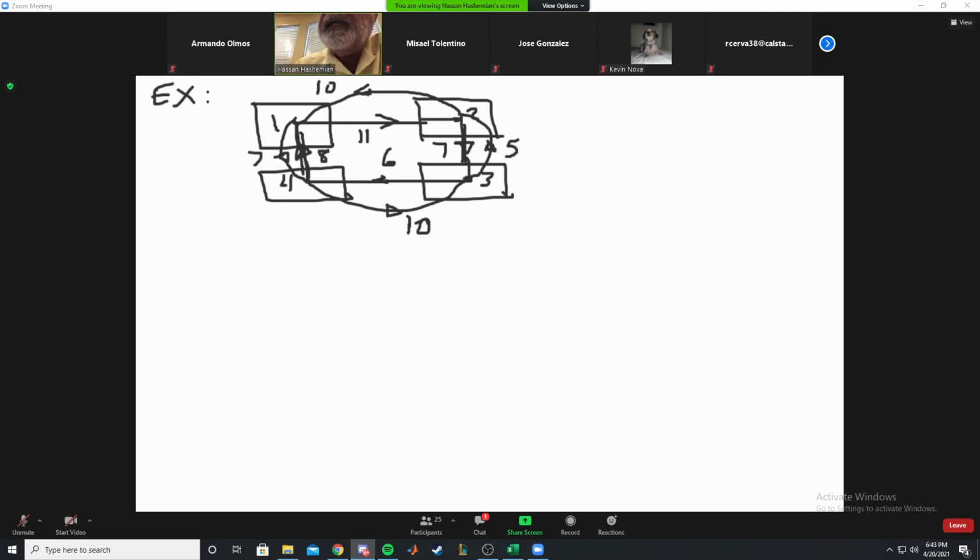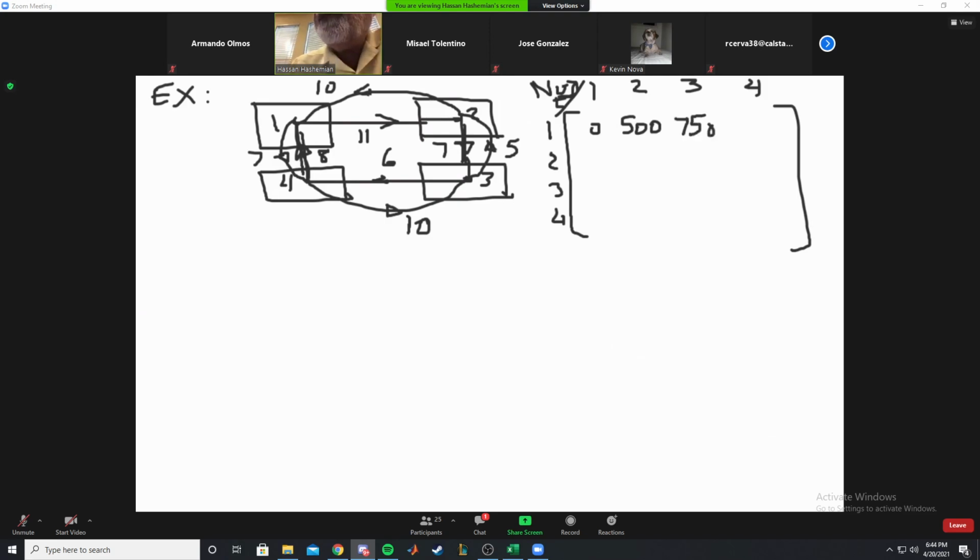And then I give you a trip table. So from node number 1, 2, 3, and 4, and here is node 1, 2, 3, and 4. These are the nodes. All right. So from 1 to 1, there's no trip. From 1 to 2, you get 500. From 1 to 3, you get 750. So you get 350 on 4.